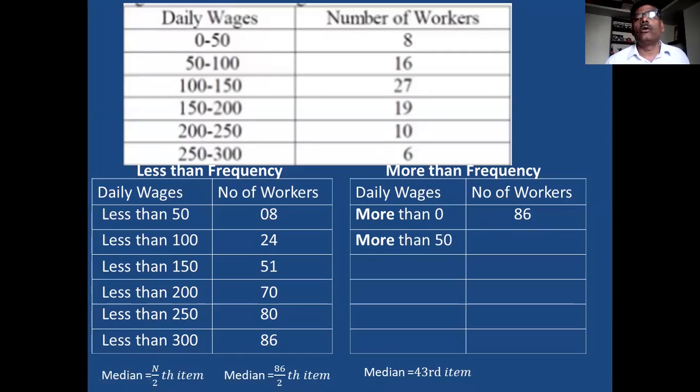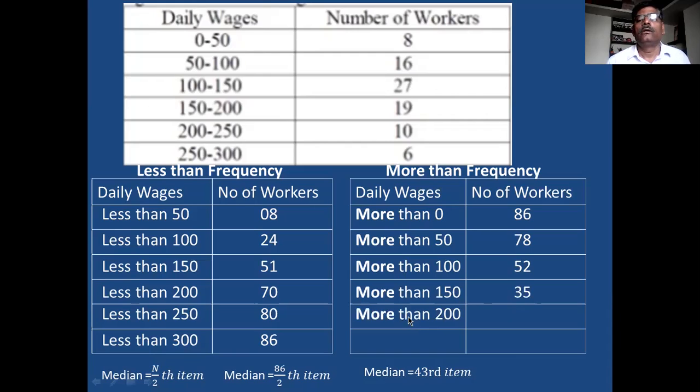More than 50 means out of 86 total workers, 8 workers earn less than 50. Therefore, you deduct 8. You deduct the 8, you will get the second one, 76. And workers earning more than 100, you deduct the above 2, 52. Then if you want to know the earning more than 150, you deduct the above values.